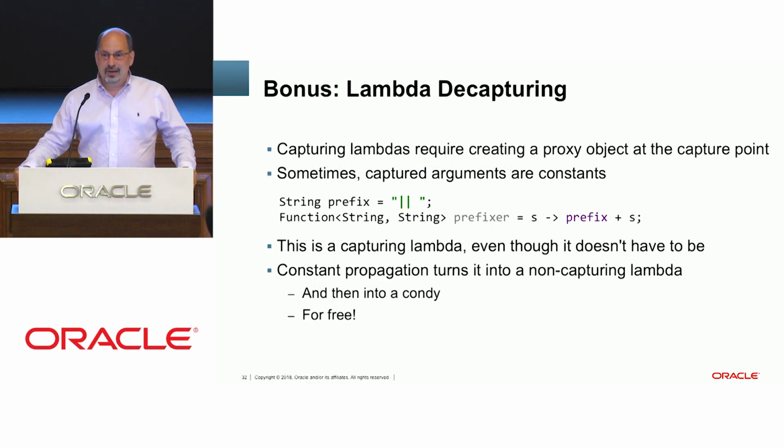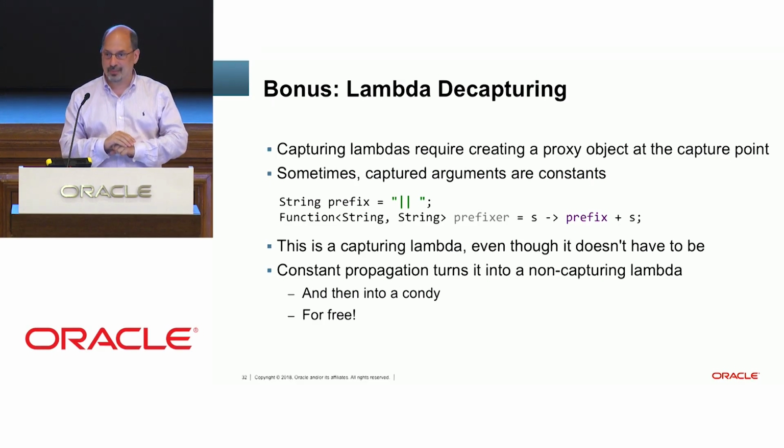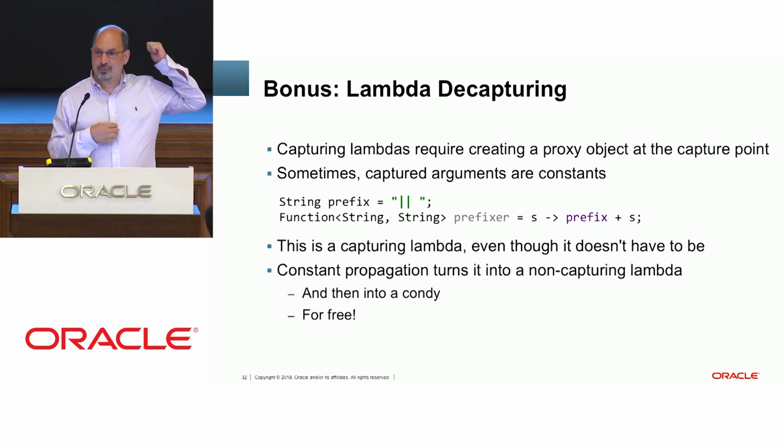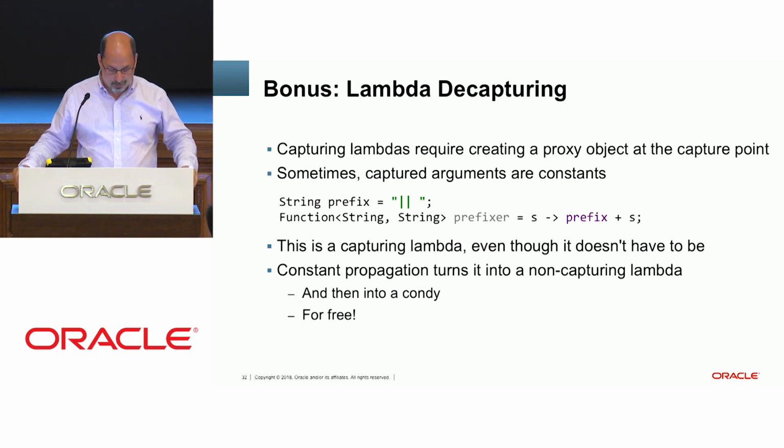Here's a nice little bonus that sort of surprised us because it came out for free. If you know how lambdas are translated, when a lambda captures something, we translate it using a more expensive translation strategy. And very often, the captured variables are constants. So here's an example where we have a prefix constant and we have a lambda that just concatenates that prefix onto its argument. In the JDK today, this gets translated with Indy as a capturing lambda, but it doesn't really have to be a capturing lambda.